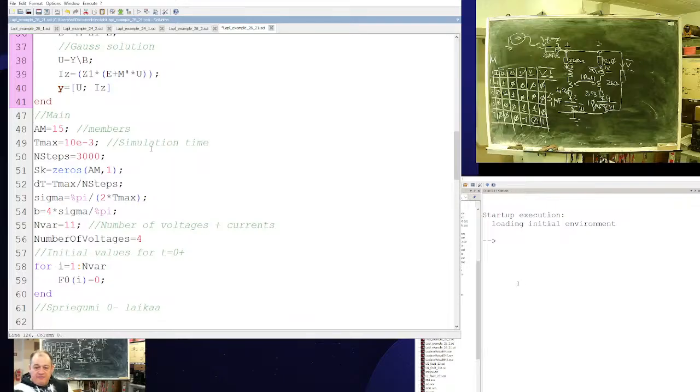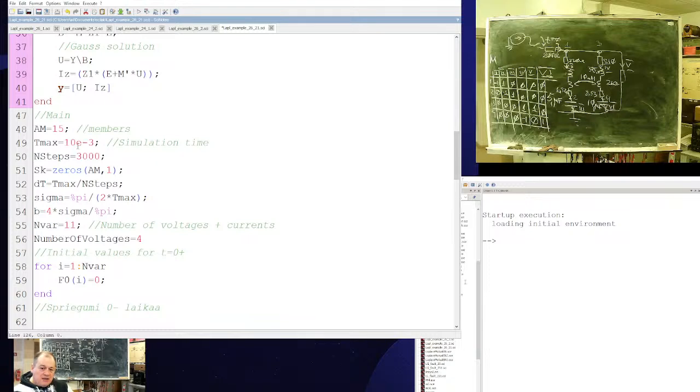Here, what I have: number of approximation members, 15 is okay. I can't play with this number far because it defines the number of binomial coefficients, and binomial coefficients grow very fast, so I will run outside the maximum number allowable by the PC. 16, it's okay.